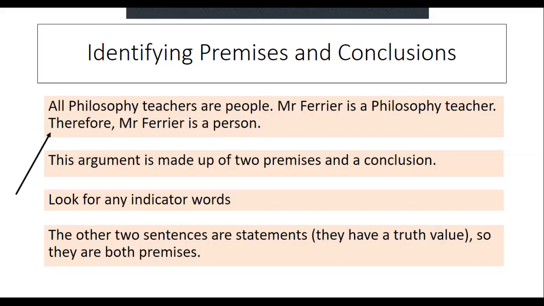Now, these two here are statements or premises because they have a truth value. And you can ask yourself, all philosophy teachers are people. That's true or false. Mr. Ferrier is a philosophy teacher. Again, it can be true or false. Therefore indicates that this is the conclusion. Therefore, Mr. Ferrier is a person. So you can identify the two premises and the conclusion based on indicator words and the reasoning behind it.